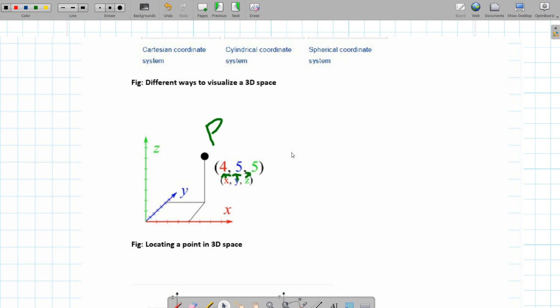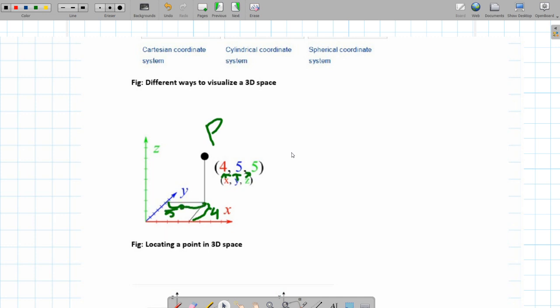That means this distance is 4. Then the distance from the y-axis here to the point is 5. So this distance is 5.